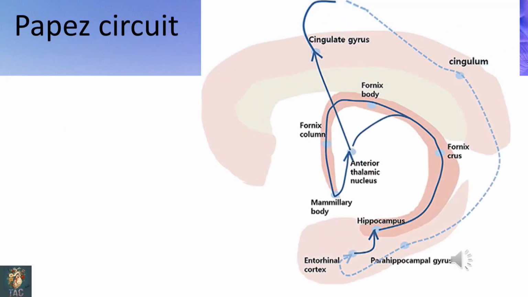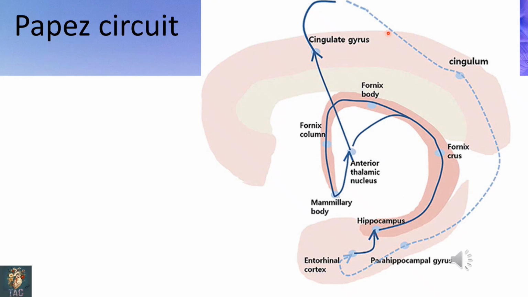So here in this slide you can see the Papez circuit. In the Papez circuit, the stimulation arises in the hippocampus. It passes through the fornix, the body of the fornix, and then into the mammillary body. From the mammillary body via the mammillothalamic tract, it goes to the anterior thalamic nuclei. From the anterior thalamic nuclei, it goes to the cingulate gyrus, and through the cingulate gyrus it enters the entorhinal cortex and back into the hippocampus.